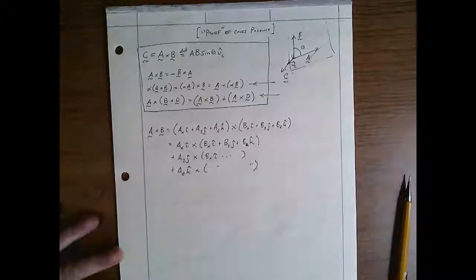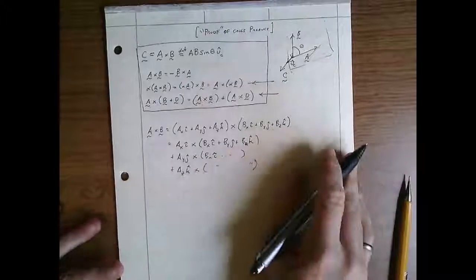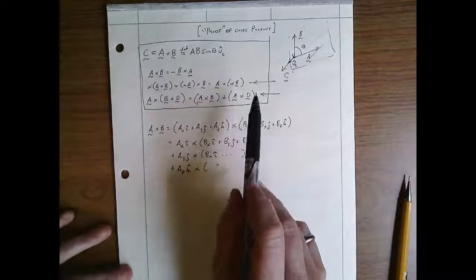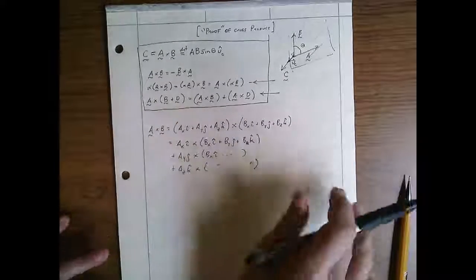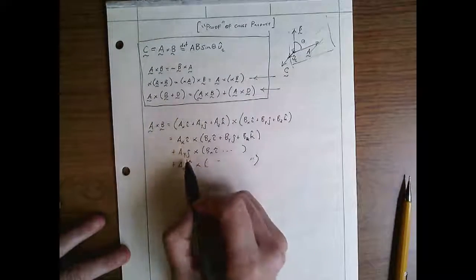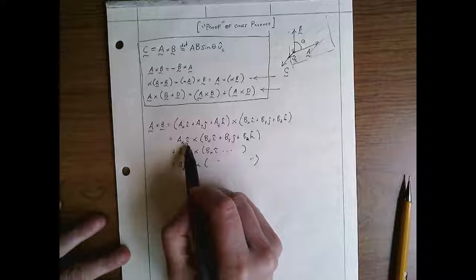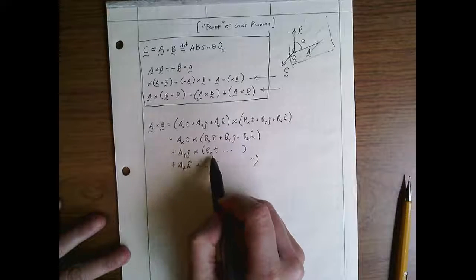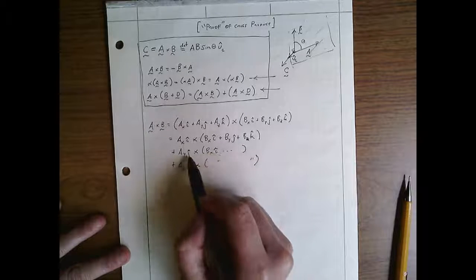Okay? All right. Now we want to look at how the unit vectors behave with the cross products. Because this is a scalar, so I wind up getting I cross J, I cross K, J cross I, J cross J, J cross K, right?